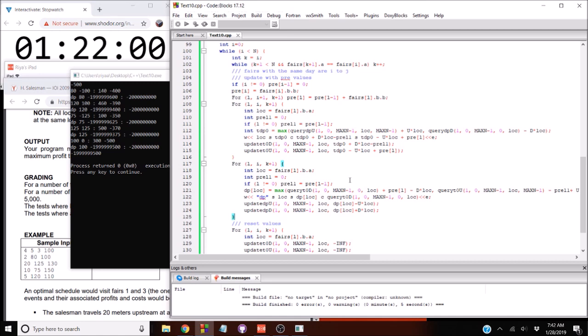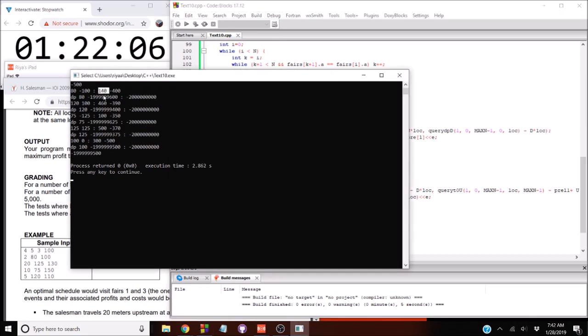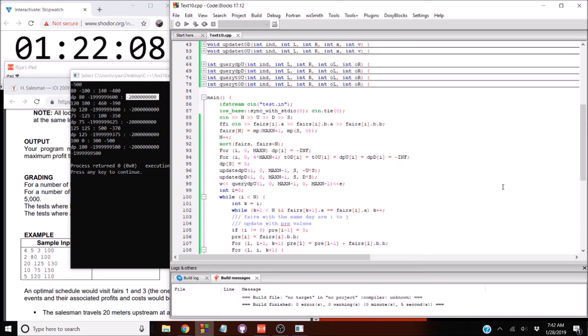Okay, so I'm updating lock, this is for TDP 0, right? I'm updating lock to 140 if the maximum is negative infinity.